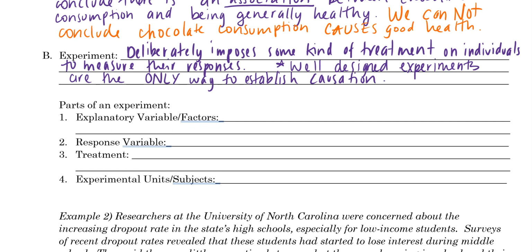This is the thing in general that we are testing. So in the example above, if I wanted to show that chocolate consumption causes good health, chocolate consumption here is going to be my explanatory variable. That is causing the good health. So explanatory variable, it's also called a factor, is something that is thought to cause a response.